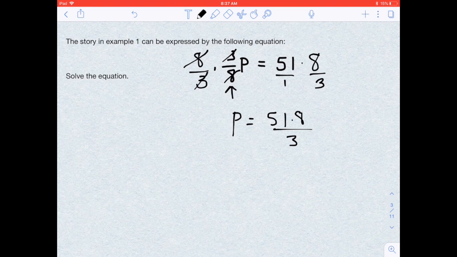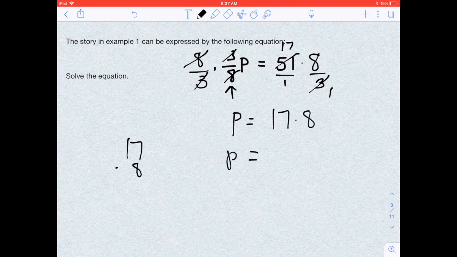Actually, I can simplify before I do this, because I just said that 51 divided by 3 was 17. So I can make that a 17 and that a 1. And now I have 17 times 8. So that gives me, times 8 is 8, 136.